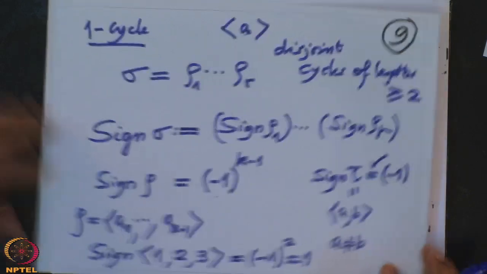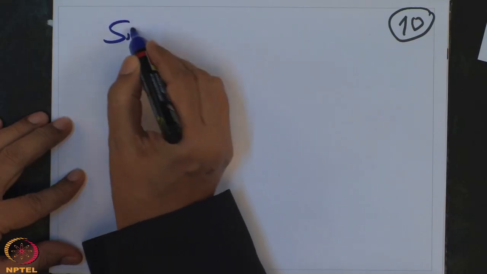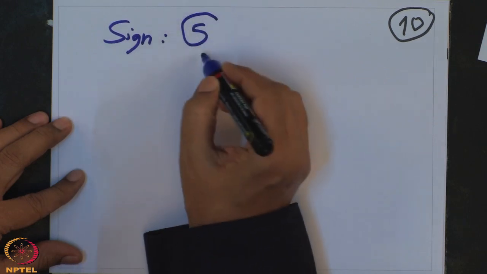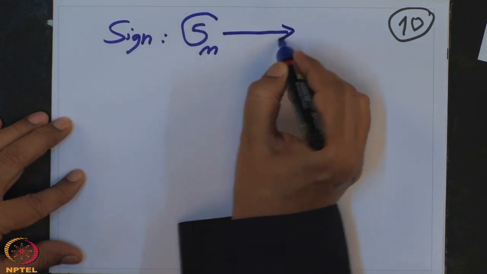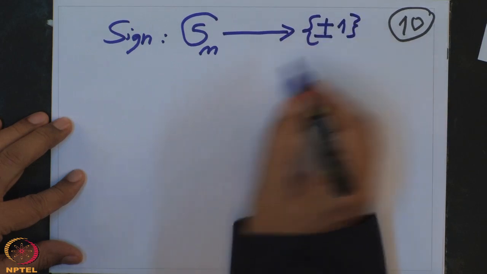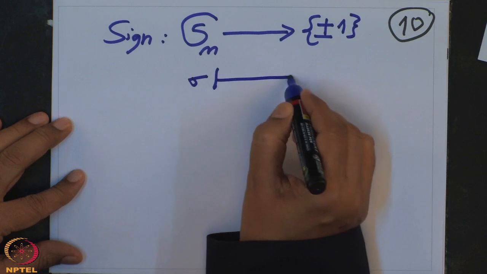So the sign we have defined is a map from the group Sn to the 2-element set {plus 1, minus 1}. So any sigma goes to sign of sigma.